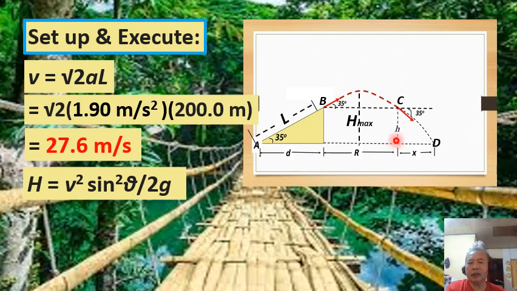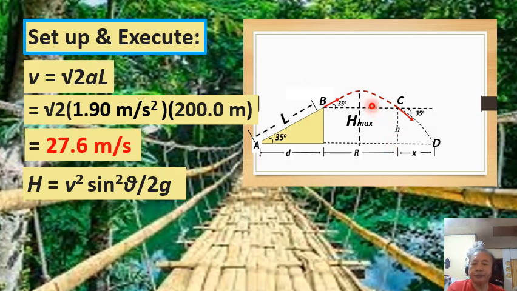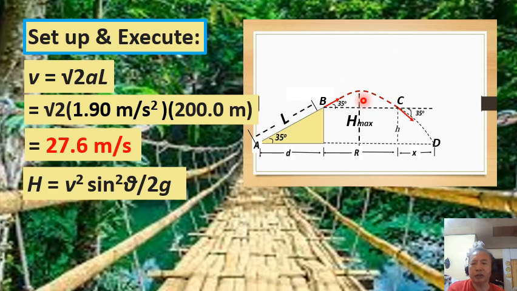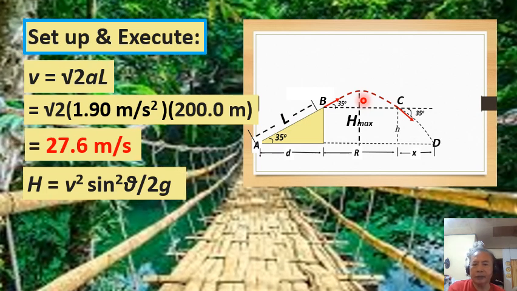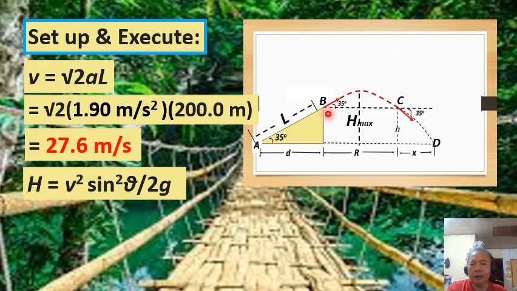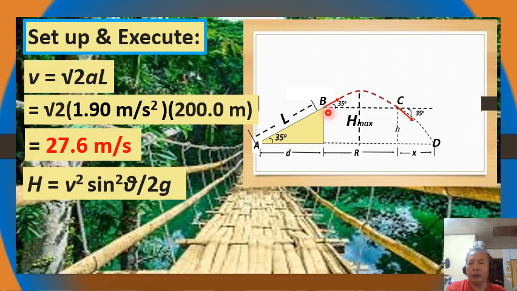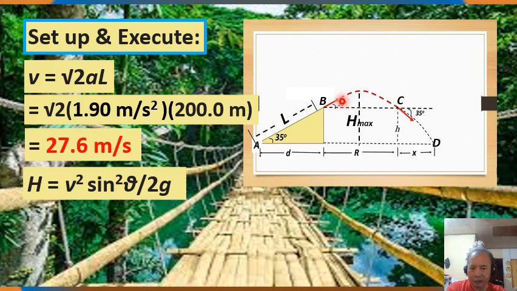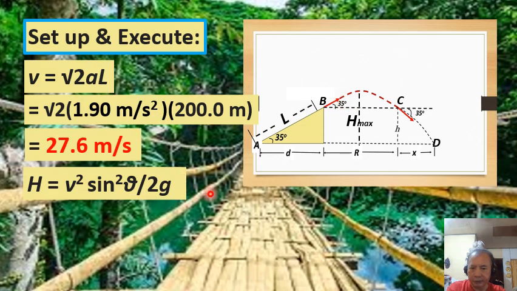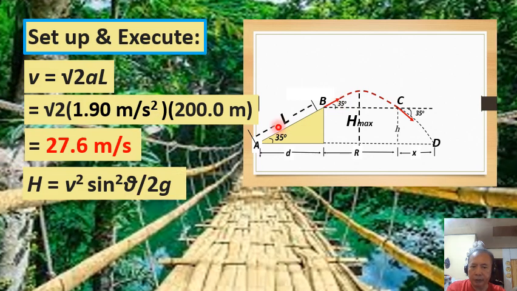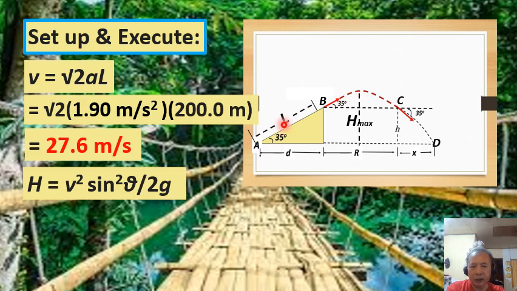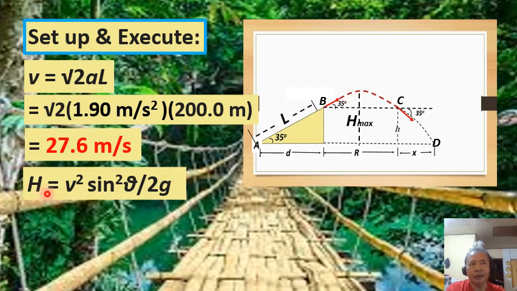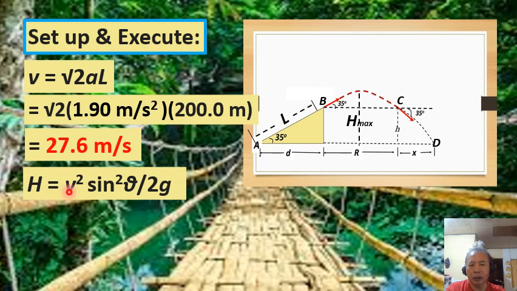Since what we want is how far the rocket will be able to reach beyond this horizontal line, and to find that height, we use this derived formula. That is, capital H is equal to v squared.